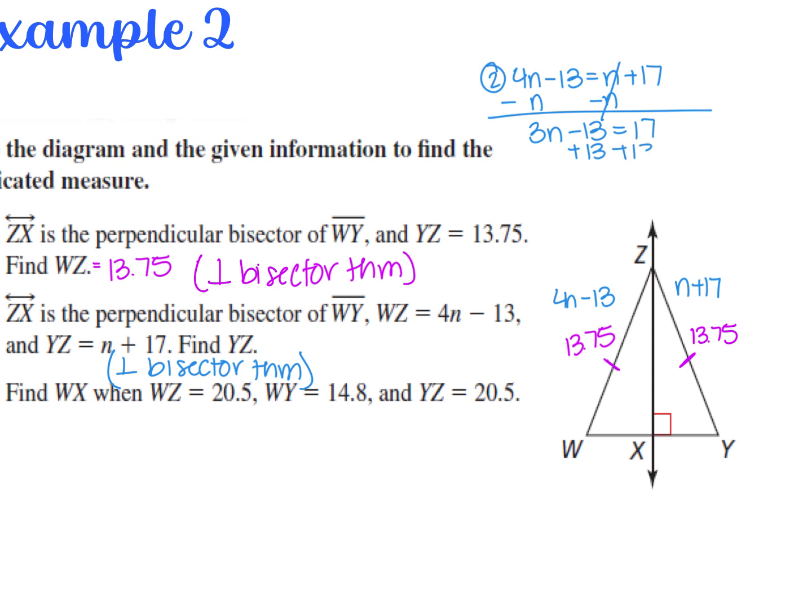Add 13 to both sides of my equal sign. 3n equals 30. N equals 10. Okay, now I have to plug it in. Remember, I'm finding YZ. I'm not solving for n. So I'm going to go ahead and plug in 10 plus 17. That's going to give me 27 as my answer. So YZ equals 27.